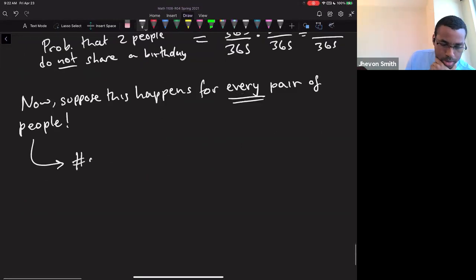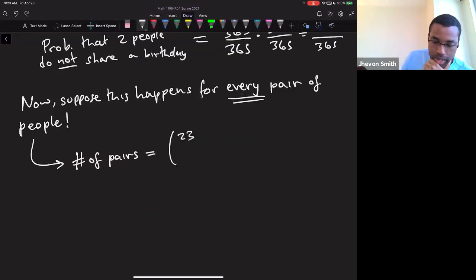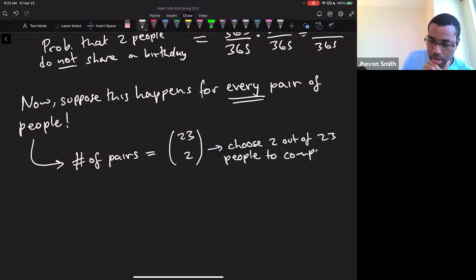So the number of pairs, well, that you can think of as a combination. That's going to be 23 choose 2, right? Out of 23 people, choose 2 people to compare. So that's the number of pairs that you can have.